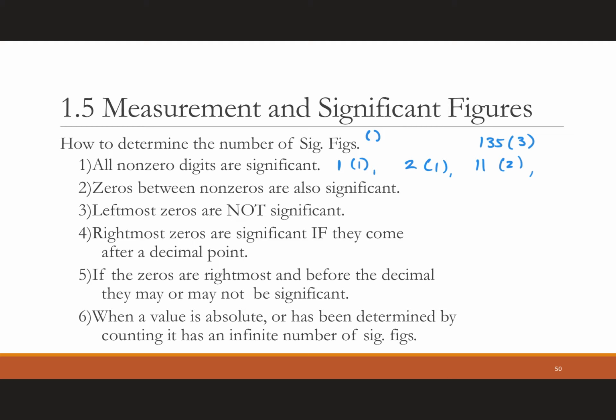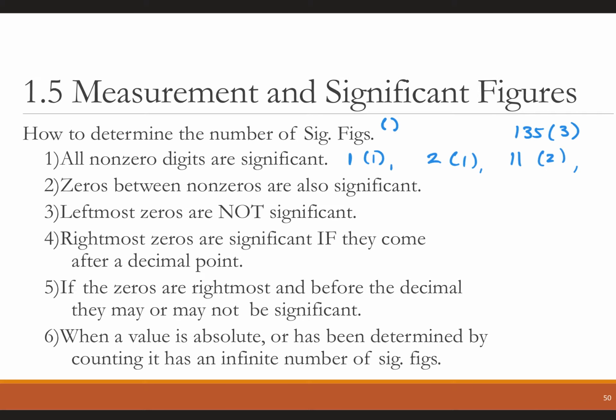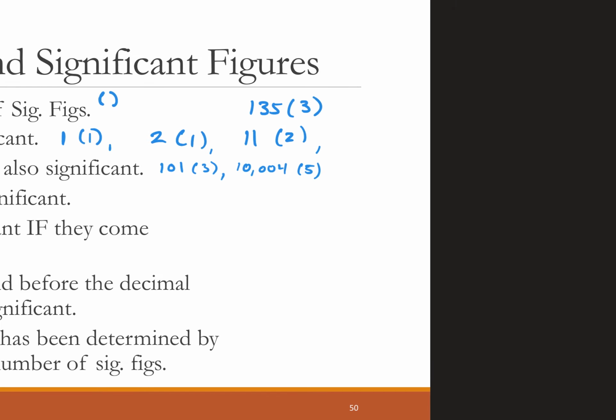Zeros between non-zeros are also significant. So for example, if we have the number 101, this has 3 significant figures. If we have the number 10,004, this would have 5 significant figures, and so on and so forth. Actually, let me give you one more.